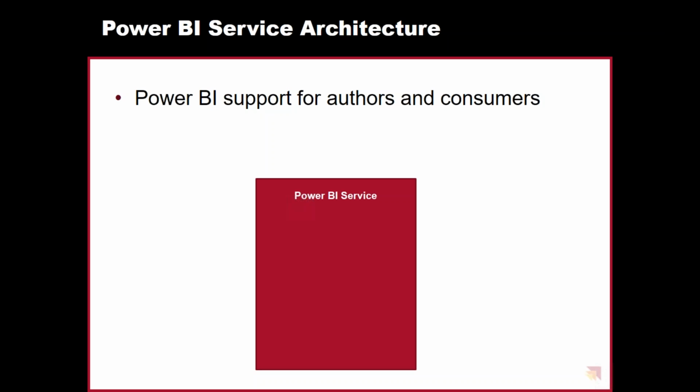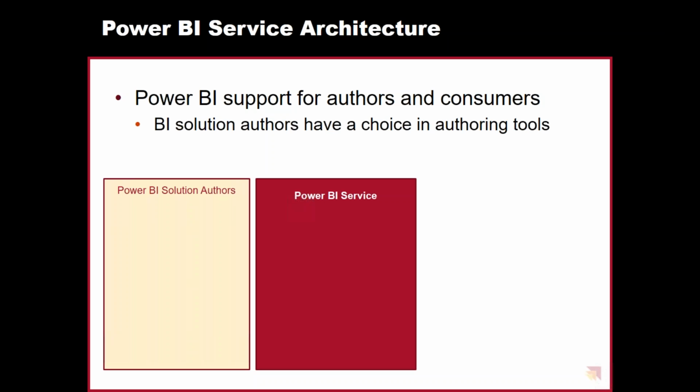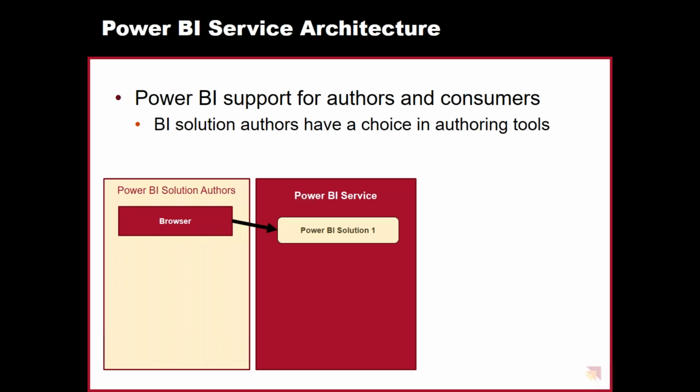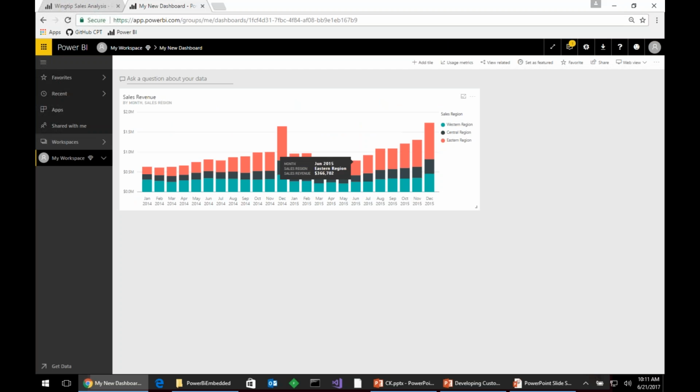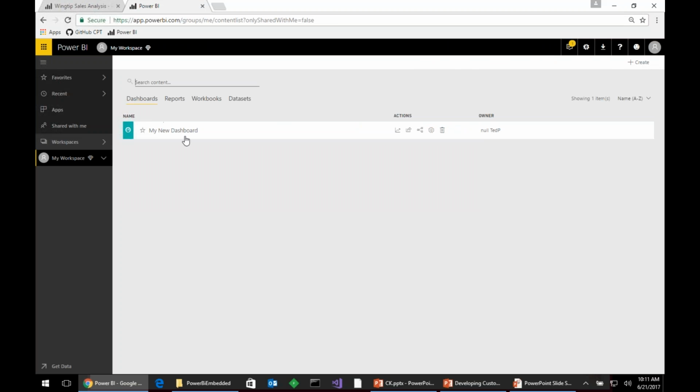Okay, now let's get into some conceptual understanding of, if we have Power BI, how do we go about authoring things inside there? One thing you can do as a solution author is use the browser. Let's say I go back here and I'm just using the browser, and here I am inside of my workspace.